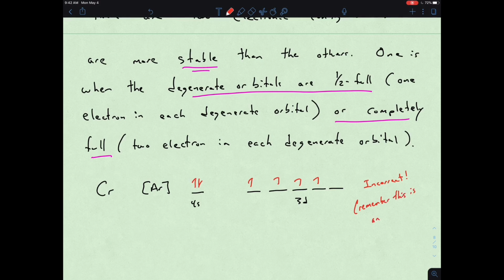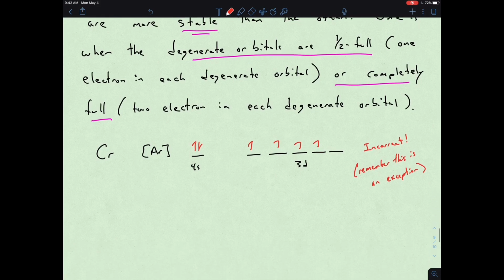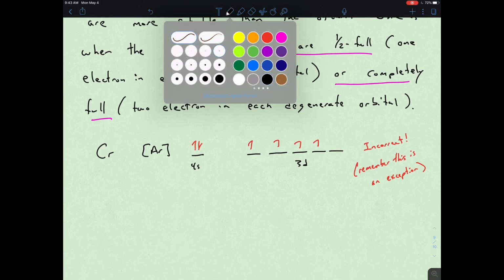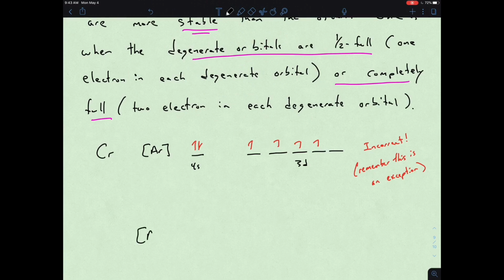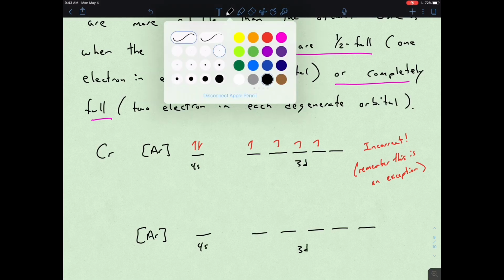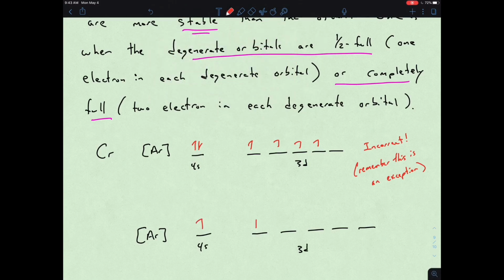Most times it'll be just fine, so you don't want to start applying this all the time. These are just two exceptions that I want us to know. We end up with just a better state for chromium with this particular electronic configuration.